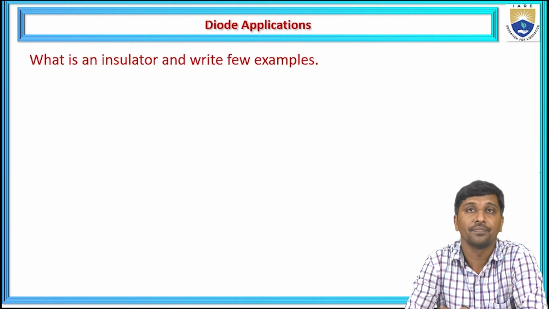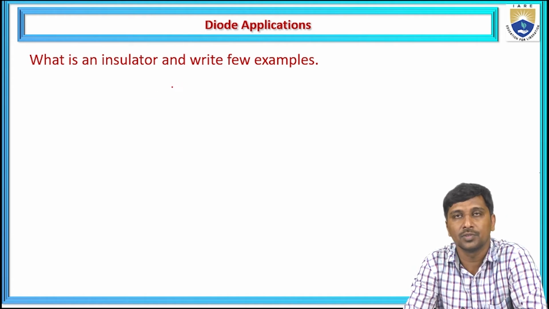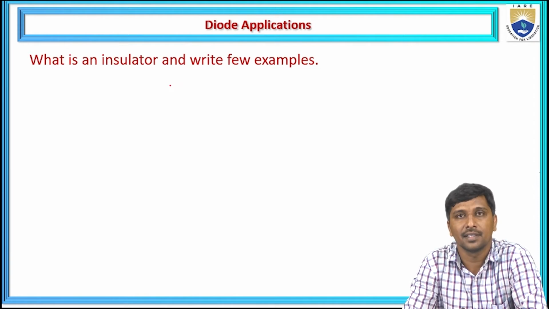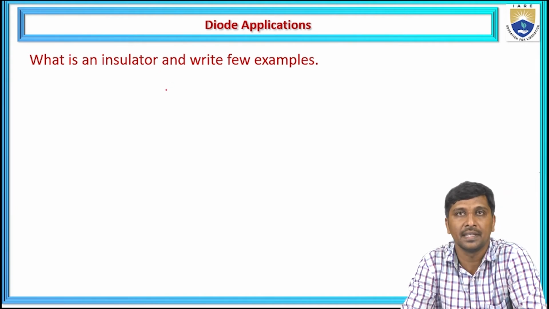The next one is: what is an insulator, and write a few examples. Up to now we observed what a conductor is and what a semiconductor is. A conductor has very high conductivity and produces maximum conduction. The semiconductor always lies between conductor and insulator. But an insulator does not allow the flow of charge, there is no conductivity across this material.